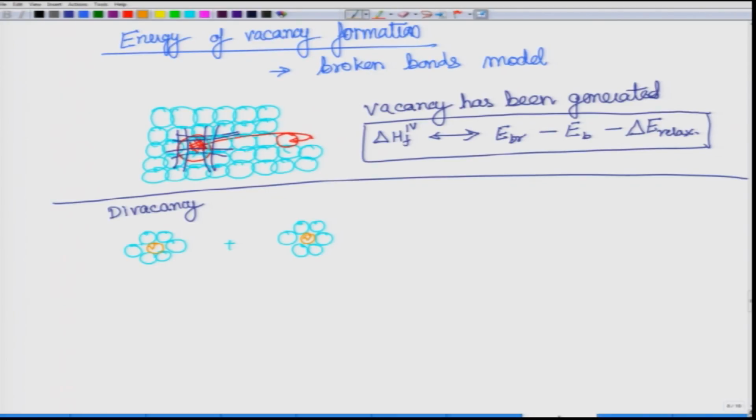Now, in this simple model, for this one vacancy, how many broken bonds do you see over here? 1, 2, 3, 4, 5, 6, and we are talking about a 2D plane. Okay. So, there are 6 broken bonds over here, 6 broken bonds over here. Now, what kind of structure do you see when both these vacancies combine?